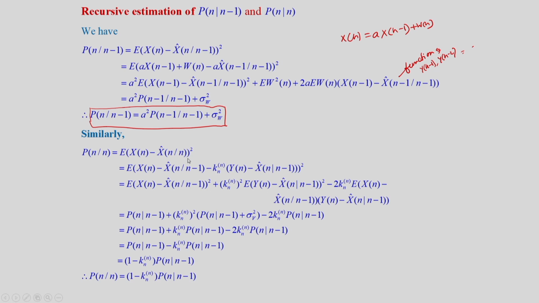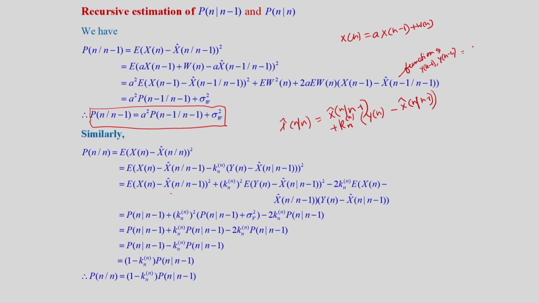Now, writing x hat n given n in terms of the Kalman filter expression, it is equal to the prediction part x hat n given n minus 1 plus the Kalman gain multiplied by the innovation, y_n minus x hat n given n minus 1.